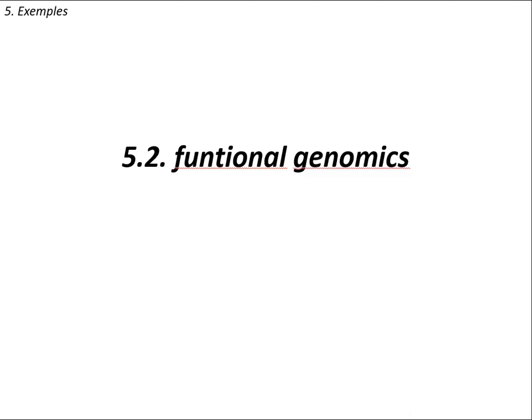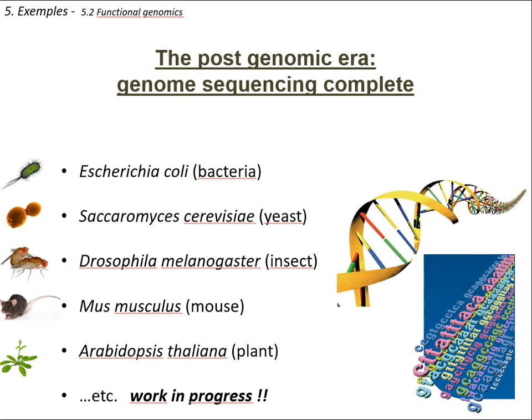So we'll see now a short example of another application of metabolomics in a totally different way, which is the field of functional genomics. It's a bit more fundamental research here. First, let's define what we call the post-genomic era.